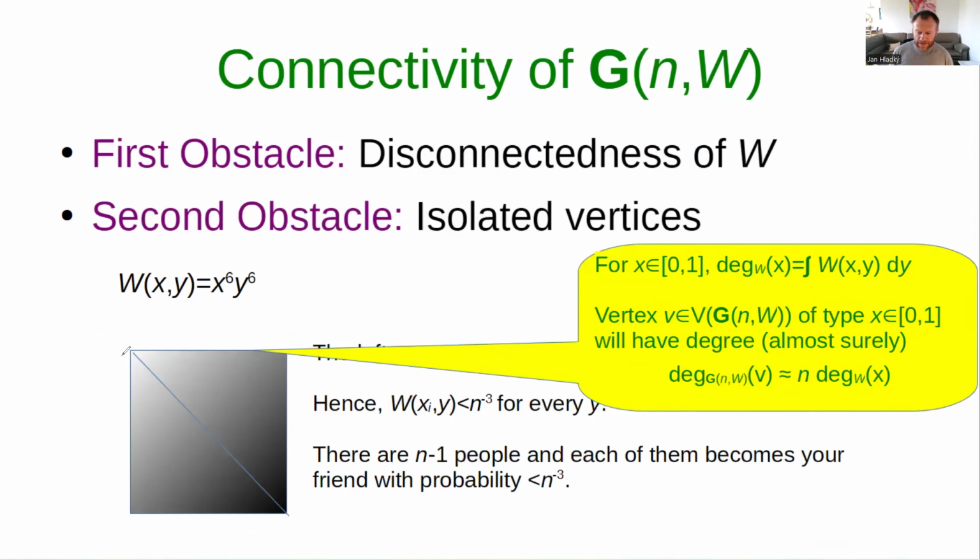To quantify that, you need to introduce the notion of graphon degree. So for a given point x in the unit interval, its graphon degree is simply the one-dimensional integral of the graphon slice along y.